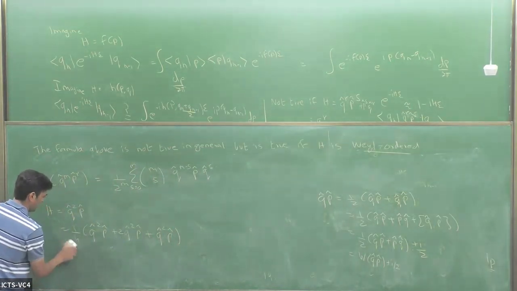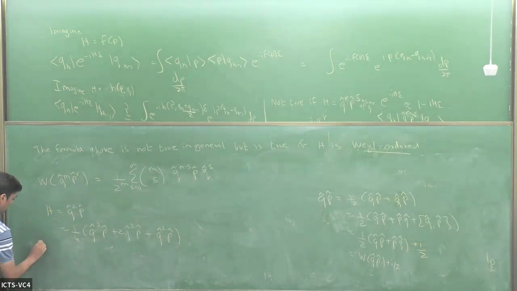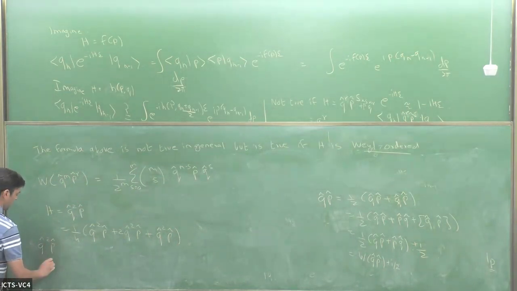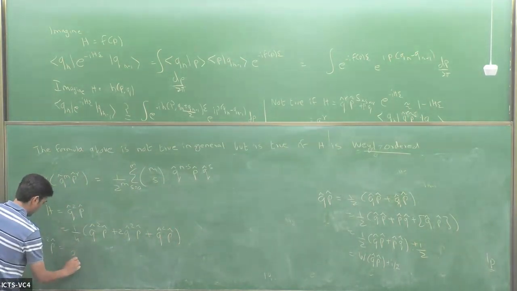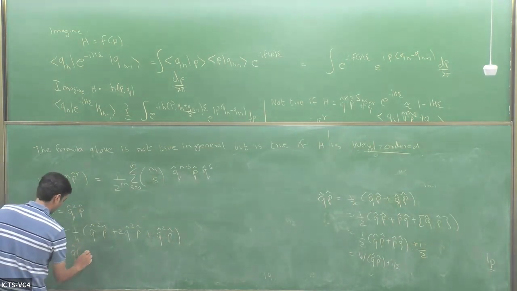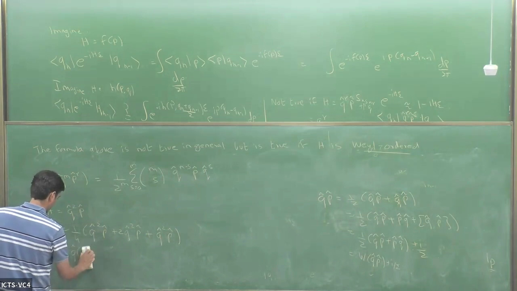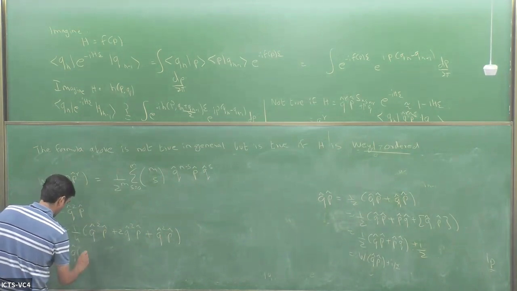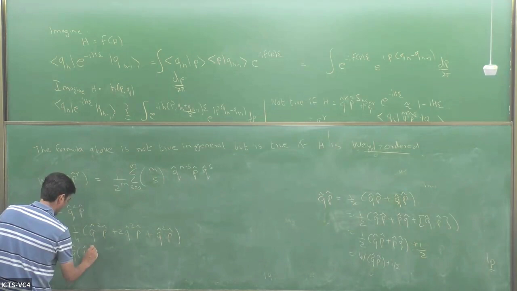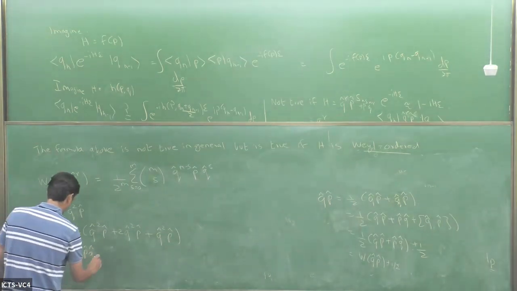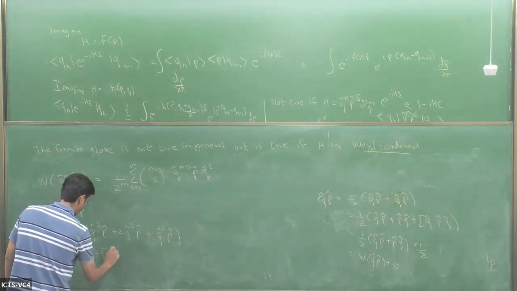So I can write q hat squared p hat is equal to q hat into q hat p hat, which is q hat into p hat q hat plus q hat p hat.